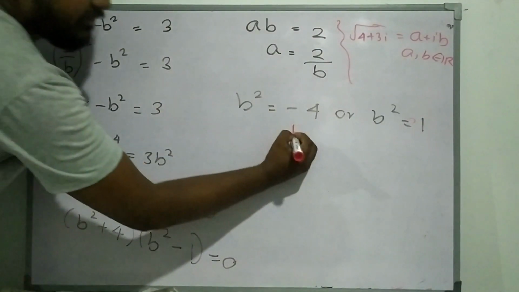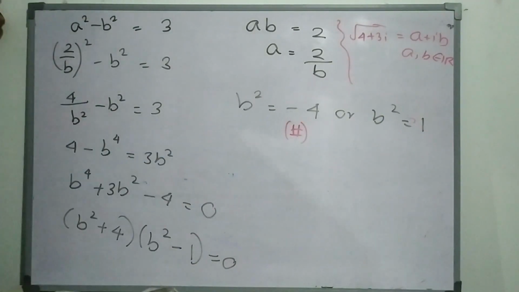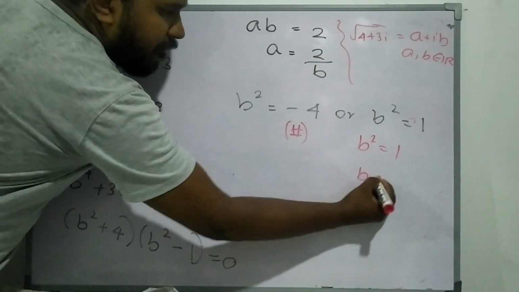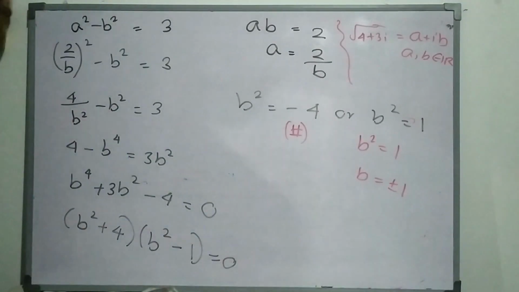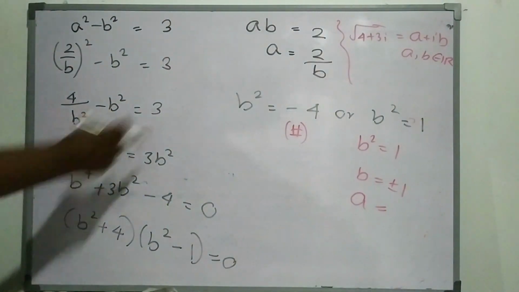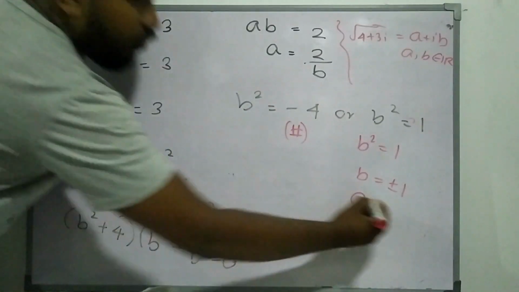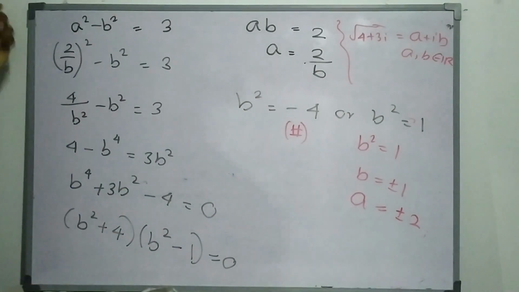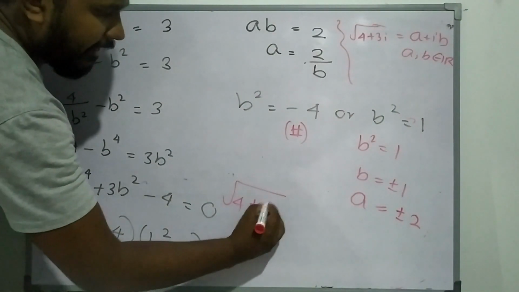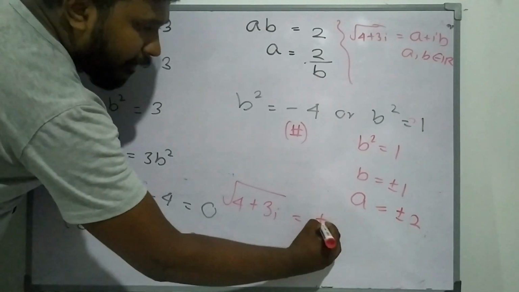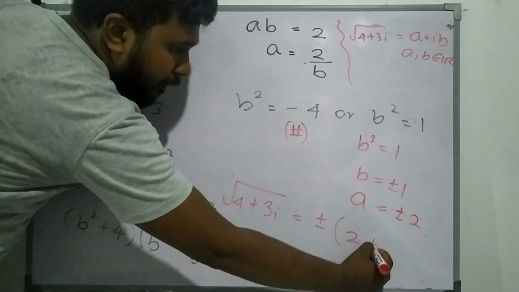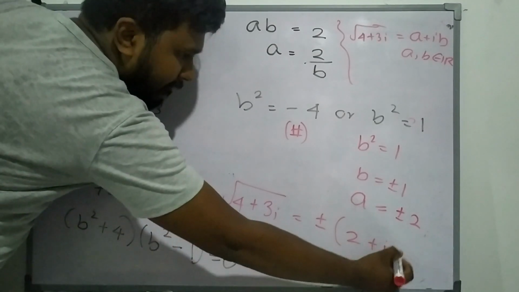So here this is a contradiction. It can't happen: b squared cannot be minus 4. But b squared equals 1 means b equals plus or minus 1, so a will be plus or minus 2, right? Therefore the square root of 3 plus 4i is plus or minus (2 plus i).